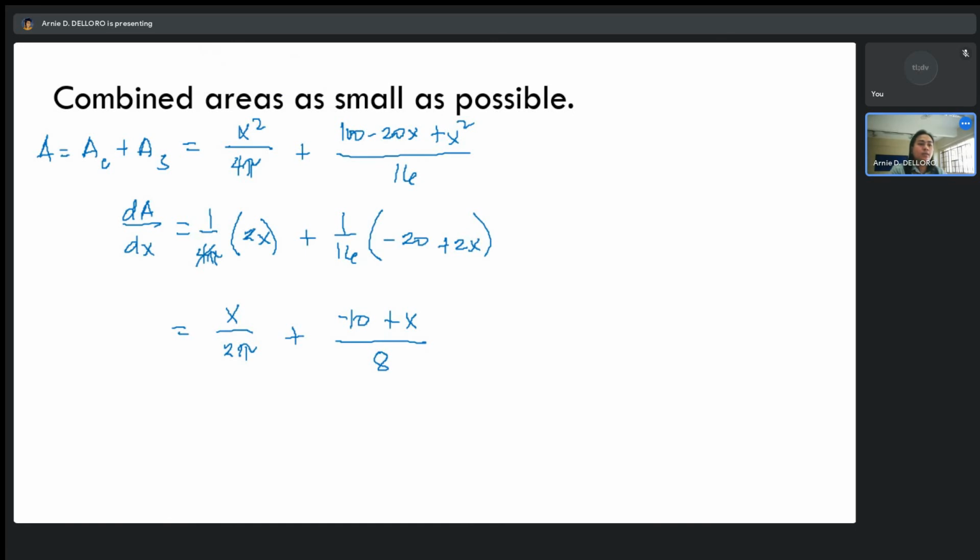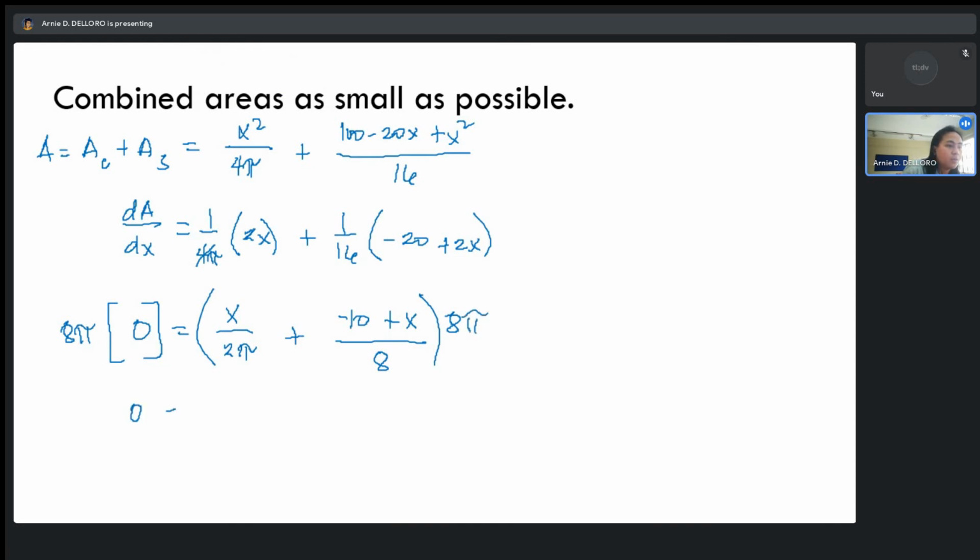Okay? Next is, di ba, after we determine the first derivative, we equate the first derivative to 0. So equate natin to 0. Then multiply both sides by the LCD. So in this case, yung LCD niya ay 8 pi. Okay?